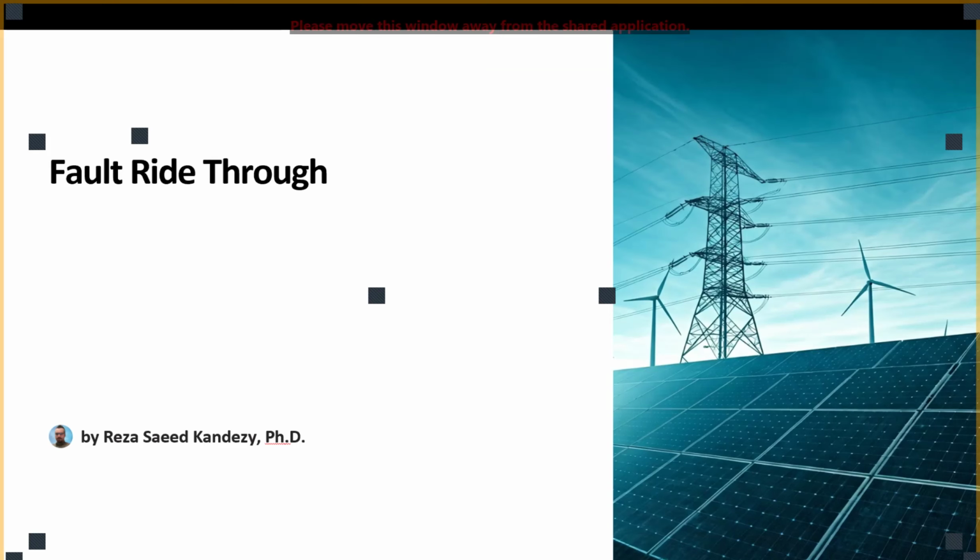Because we already talked about that, when we have a fault, the normal reaction of every component in the grid is to protect themselves. Basically, they want to disconnect from the grid and protect their own circuit from that disturbance.